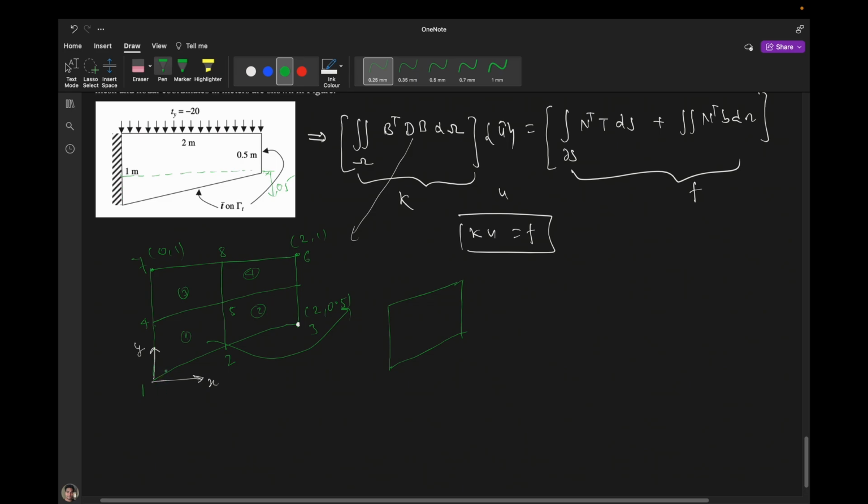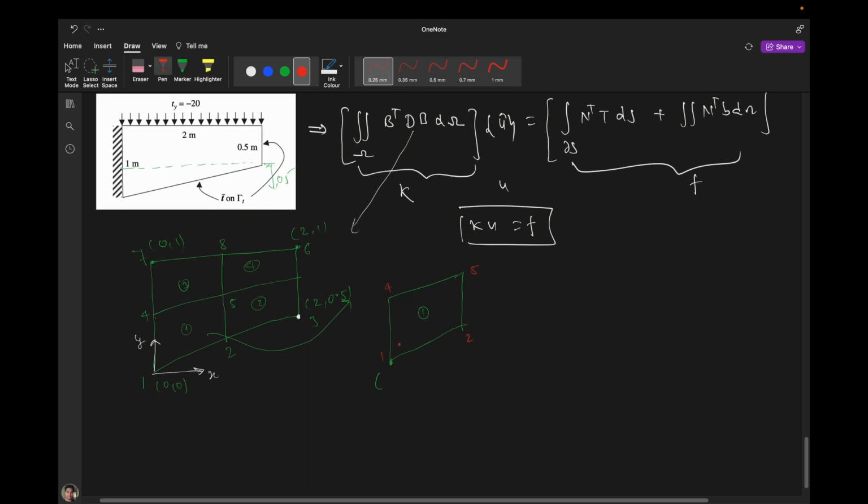So suppose this will be 0, 0, and if I take element number 1, this is global node 1, 2, 5, 4, and local nodes I am taking as 1, 2, 3 and 4.